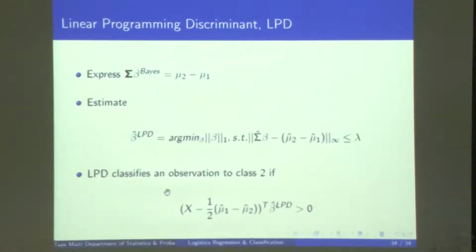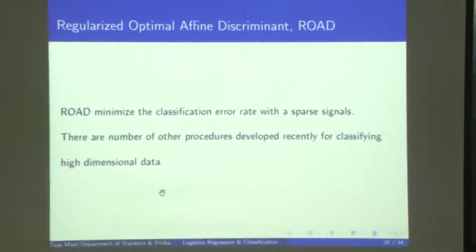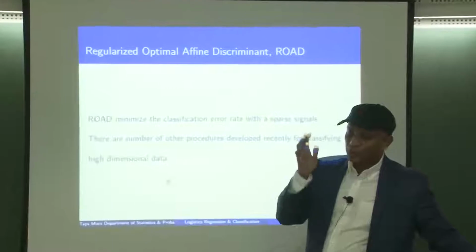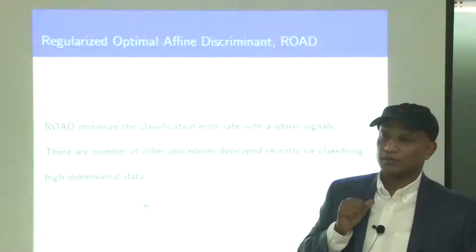All right. In this way, there are a number of others. I think I'll stop here. Like robust, regularized, optimal affine discriminations. All these procedures assume that some sparsity is there. All right?